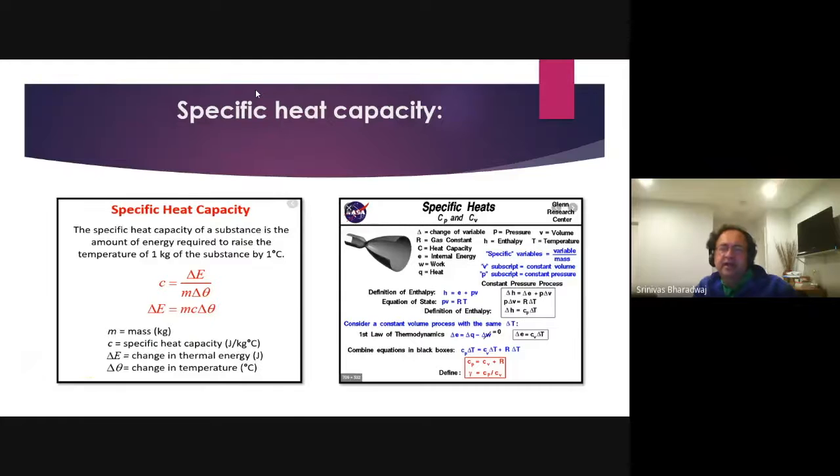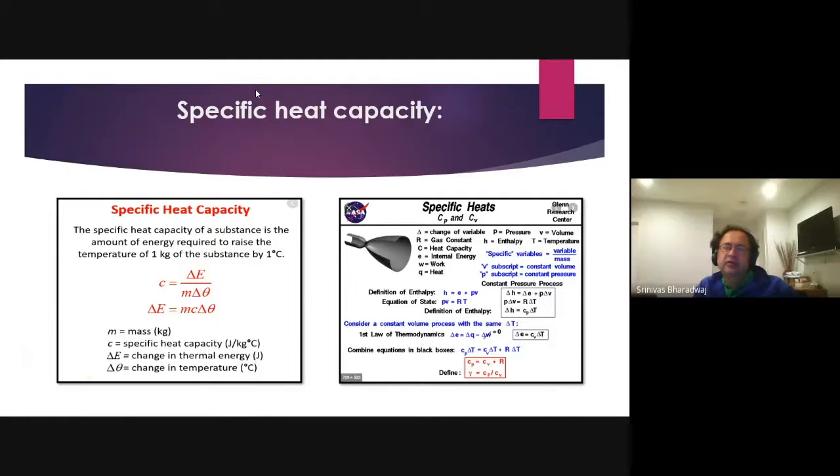Therefore, delta H equals delta E plus P delta V plus V delta P, and because we are keeping P constant, at constant pressure, you end up with delta H equals delta E plus P delta V. The V delta P is not there because it's a constant pressure.